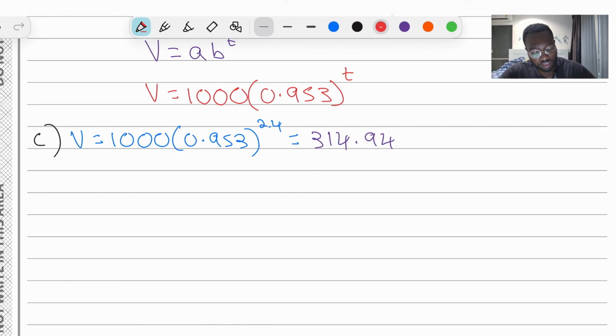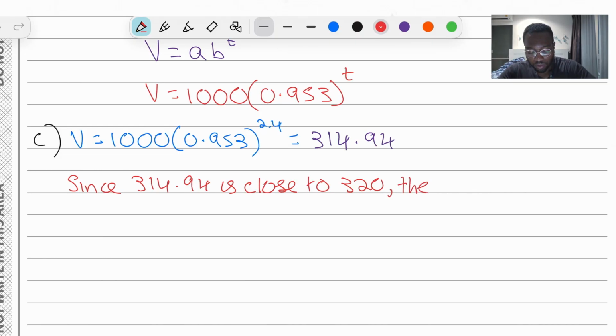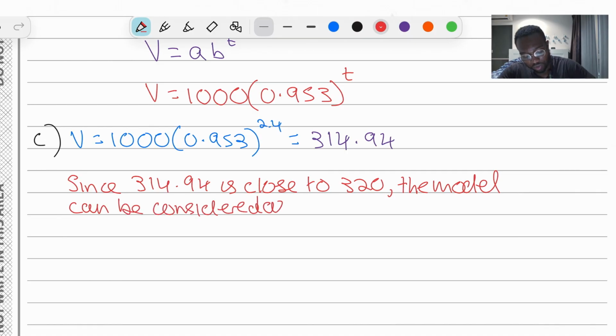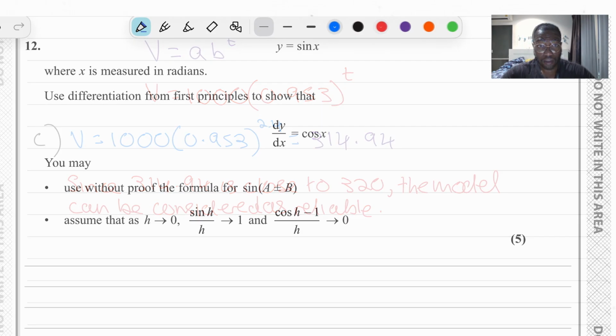So therefore, you can say since 314.94, or 315, whatever we're going to put, is close to 320, the model can be considered as reliable. And that would be question 11 done.